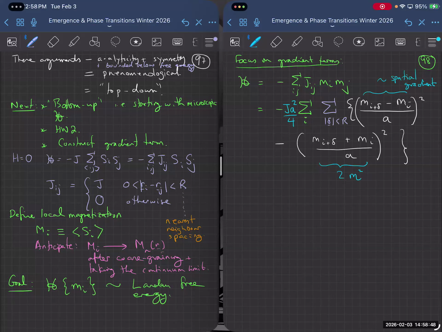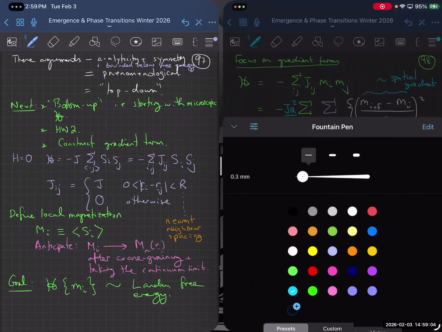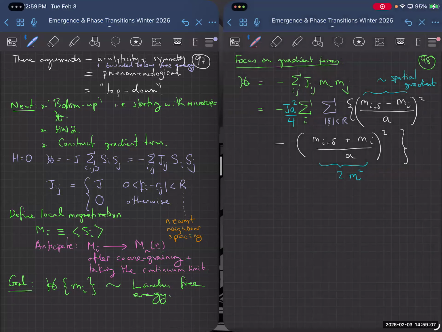The J is there because that was there in the original Hamiltonian, and the factor of 4 is there so that this thing is in the continuum limit exactly the original Hamiltonian. So all I've done here is literally rewrite this in a clever way. And just to remind you, a is my lattice spacing.